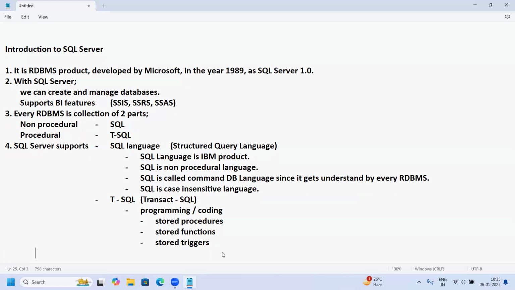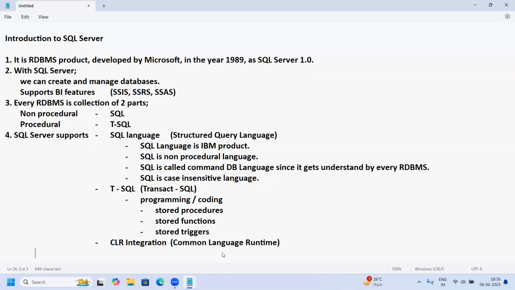Plus one more thing which Microsoft introduced in SQL Server: CLR integration, common language runtime. This is for what?